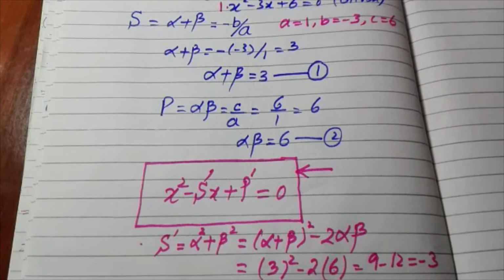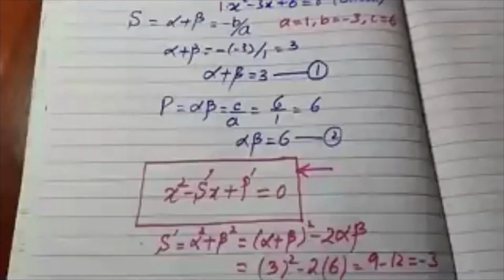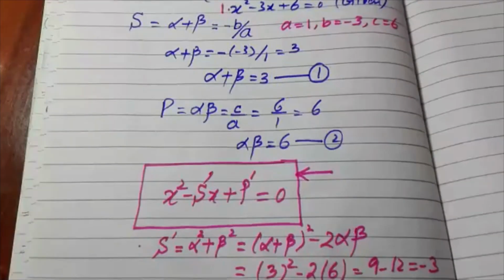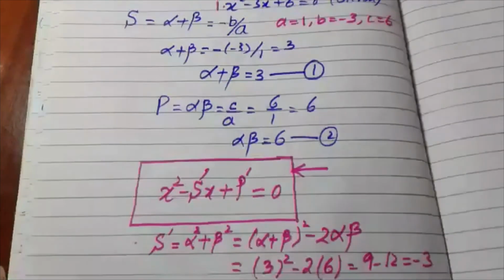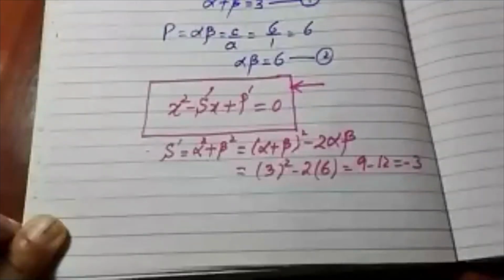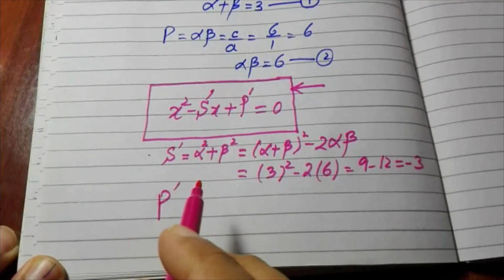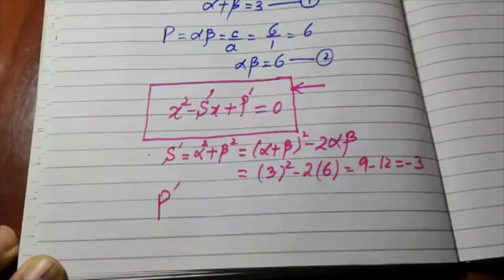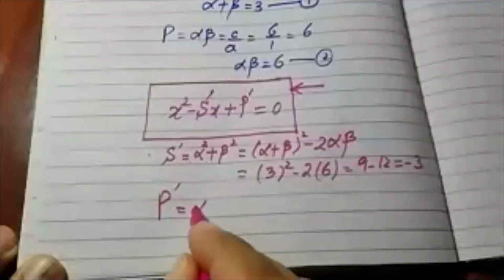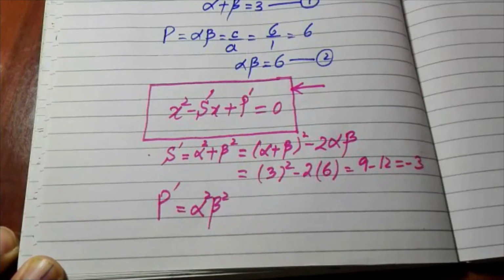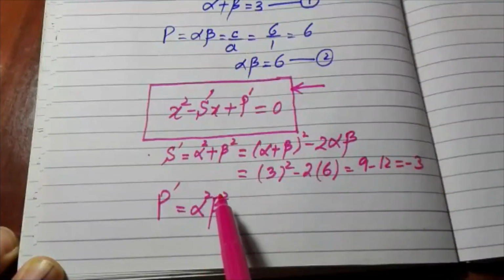Once it has been done, you can find the product of roots as well. The product of roots of the required equation will be alpha square beta square, because alpha square and beta square are the required roots.